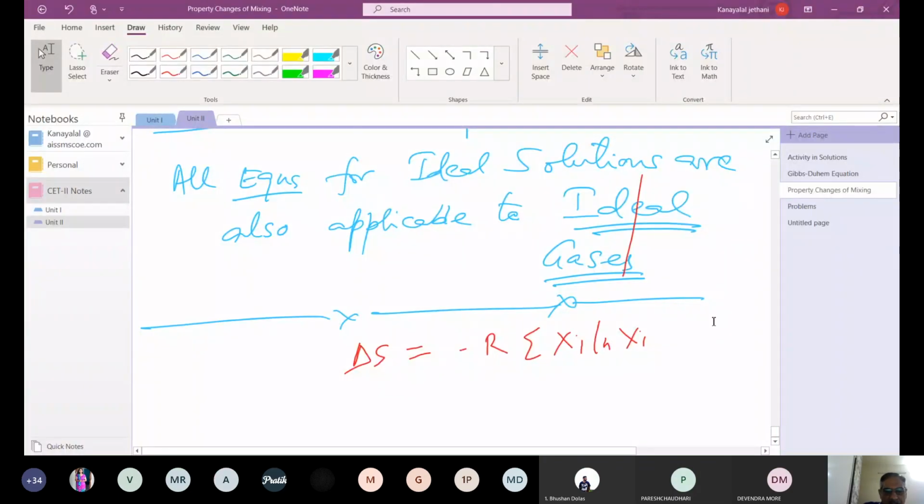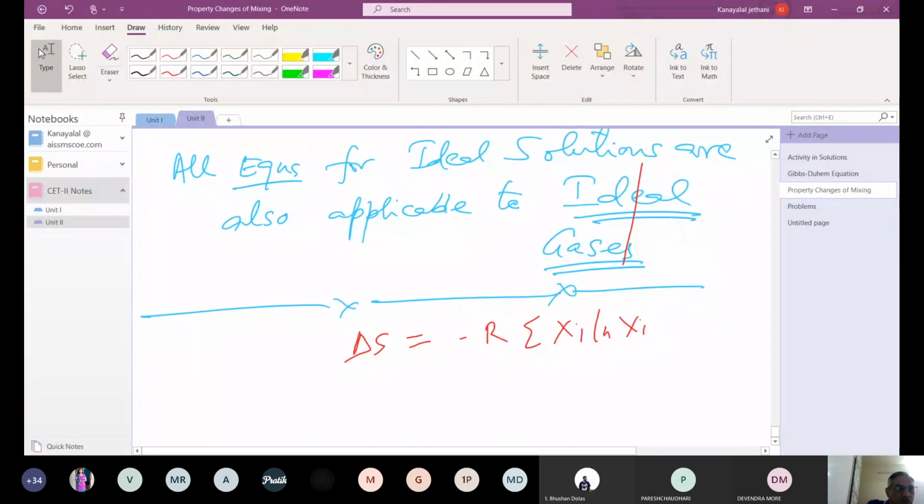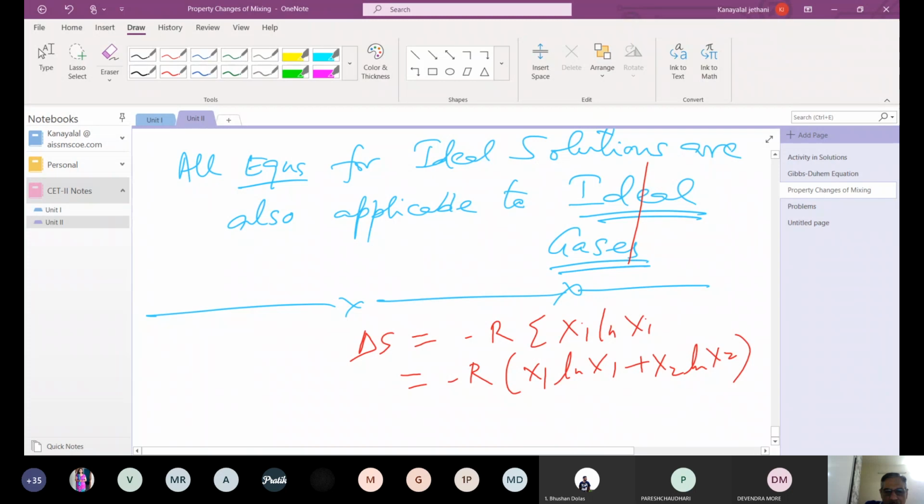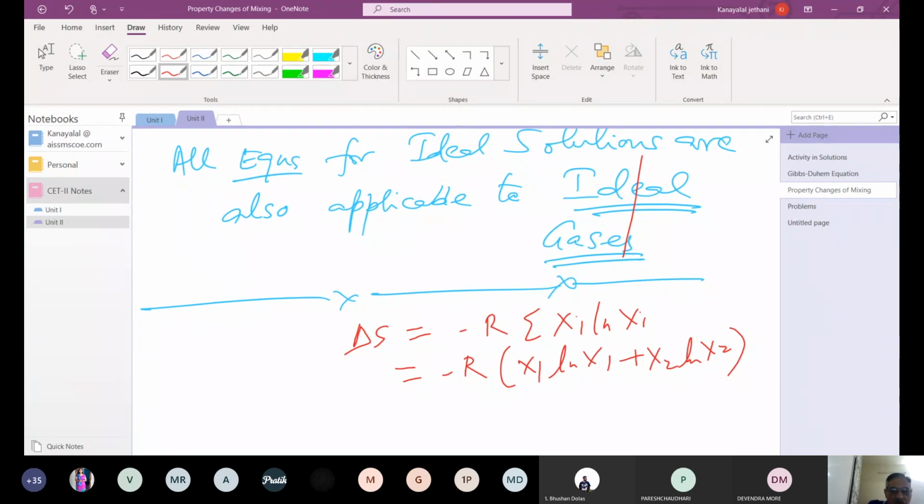So what we have is delta S equal to minus R summation xi ln xi. So that is equal to minus R into x1 ln x1 plus x2 ln x2. Okay? So this will be equal to minus R into, because x1 and x2 are both 0.5, 2 x1 ln x1. x1 is equal to x2 equal to 0.5, right?